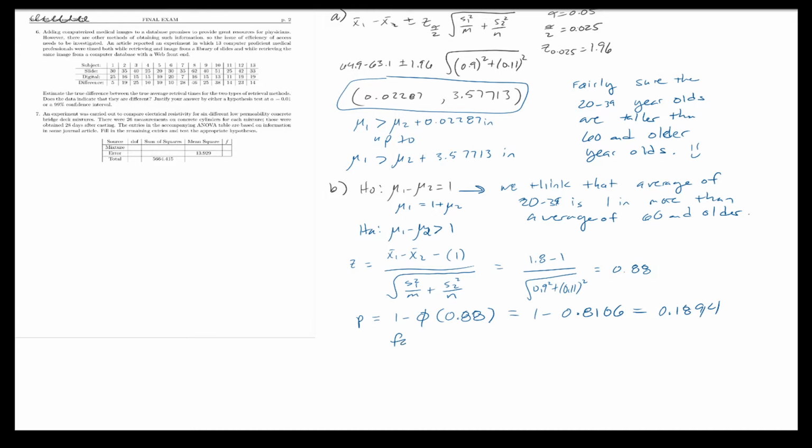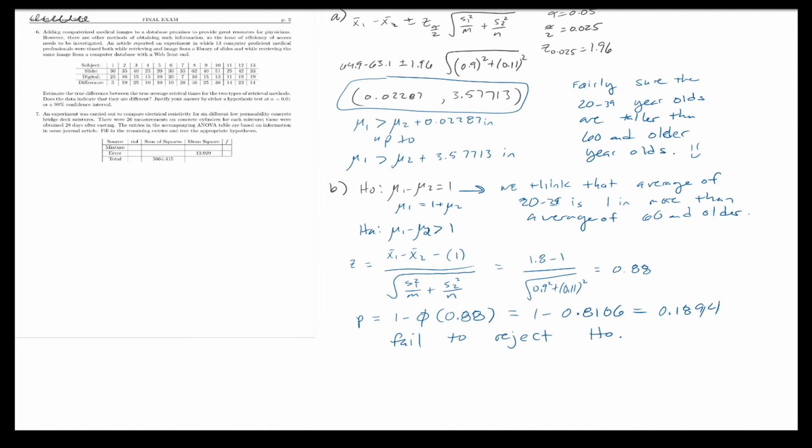So fail to reject H0. So there's not strong evidence to say that the difference is larger than 1 inch. Doesn't mean that the difference is 1 inch. It just means we didn't reject the idea that it's 1 inch, even though we got an average difference of 1.8. So the difference was 1.8 inches, but it wasn't statistically significant, especially with this super large sample size.